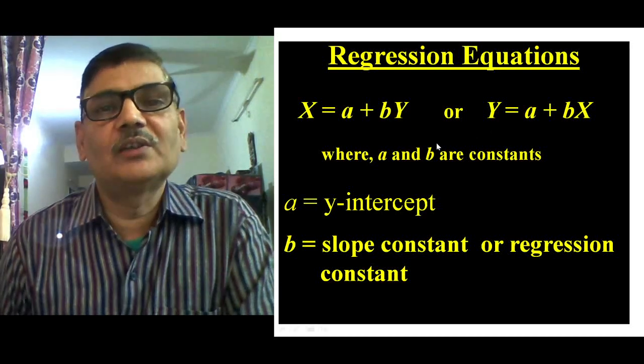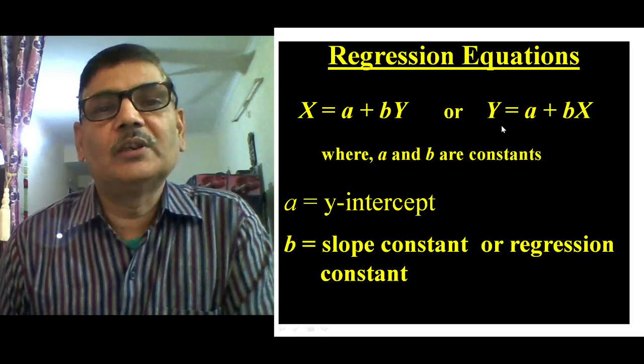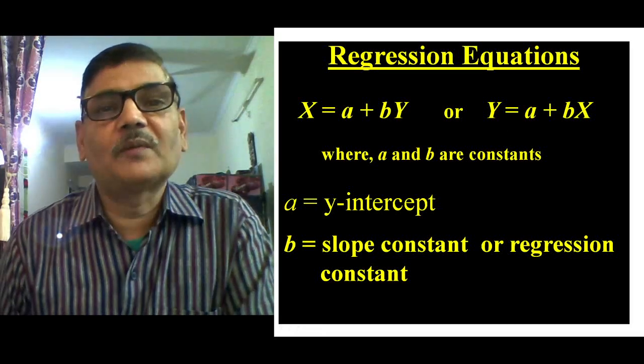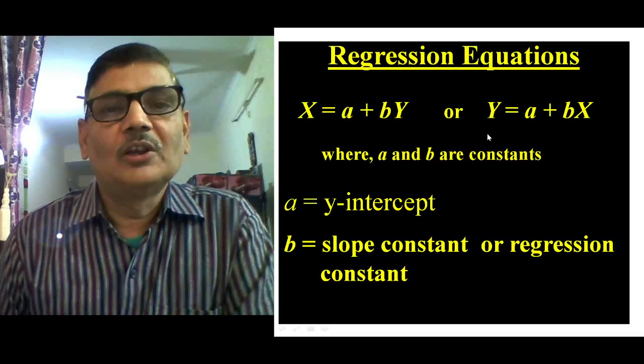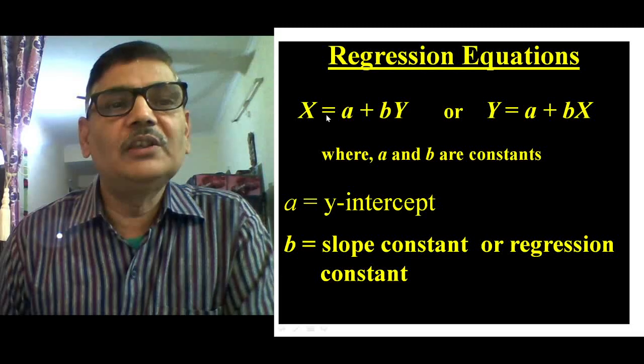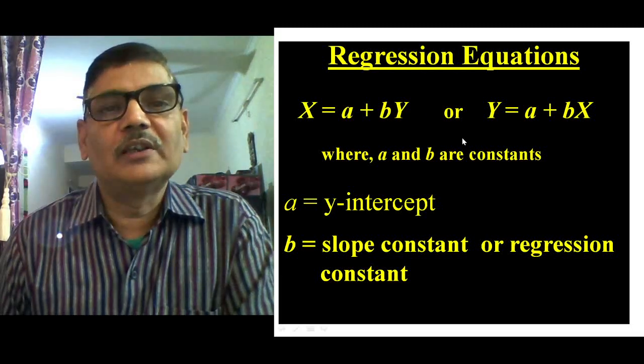If correlation is very high, or totally 1, if it is perfect 1, in that case we can say with complete certainty that if the value of x is this much, then the value of y will definitely be this much. So these two equations we actually derive.